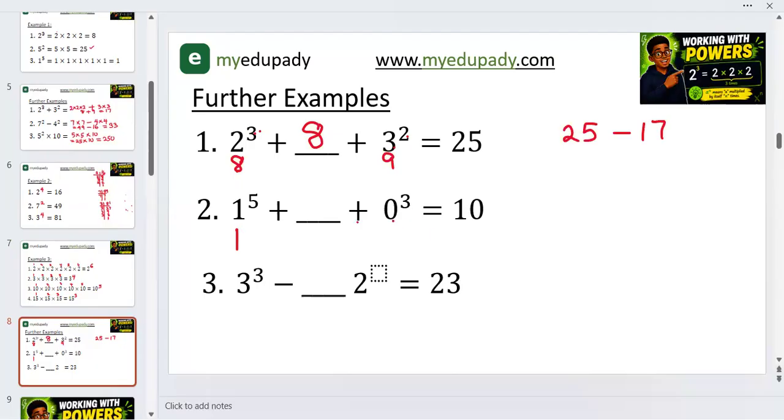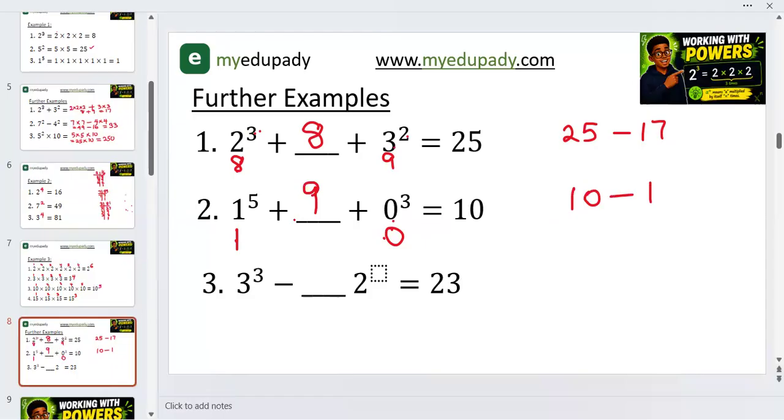So if we multiply 0 in 3 places, what does that give us? That gives us 0. Now, since we have addition, we are going to add this. So 1 plus 0 will give us 1. So what will I add to 1 that will give me 10? All I need to do is do 10 minus 1. And that gives me 9. So my answer to this is 9.